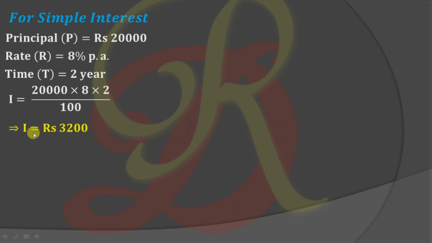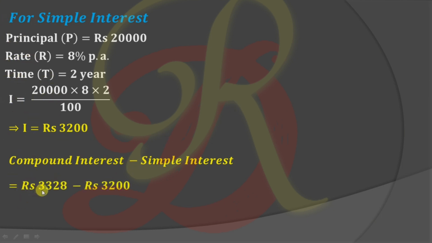That is the value of I, equals to rupees 3200. But I need to calculate the difference between compound interest and simple interest, that is compound interest minus simple interest. Compound interest we have 3,328 minus simple interest is 3,200. When I subtract these two, I'll get rupees 128. So this is your final answer.